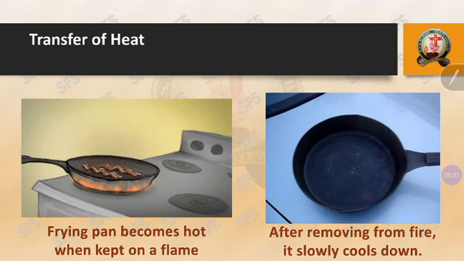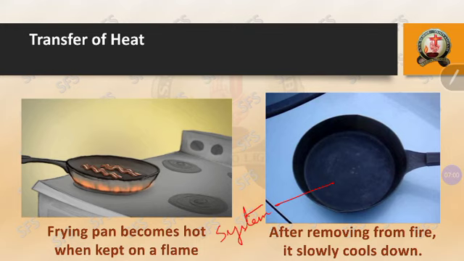Now I'll exactly explain to you what is transfer of heat. See, whatever you take, now consider this frying pan. In general, the frying pan or any object which is present, we consider these objects as a system.